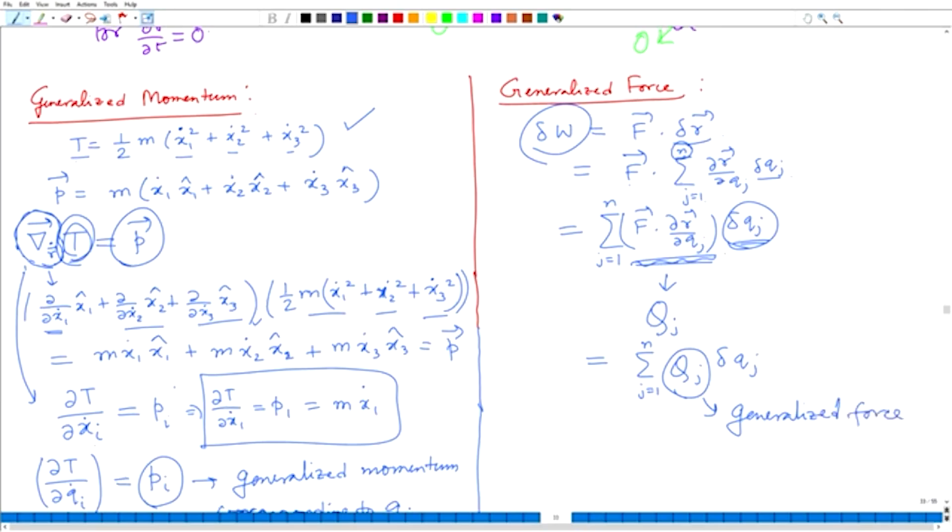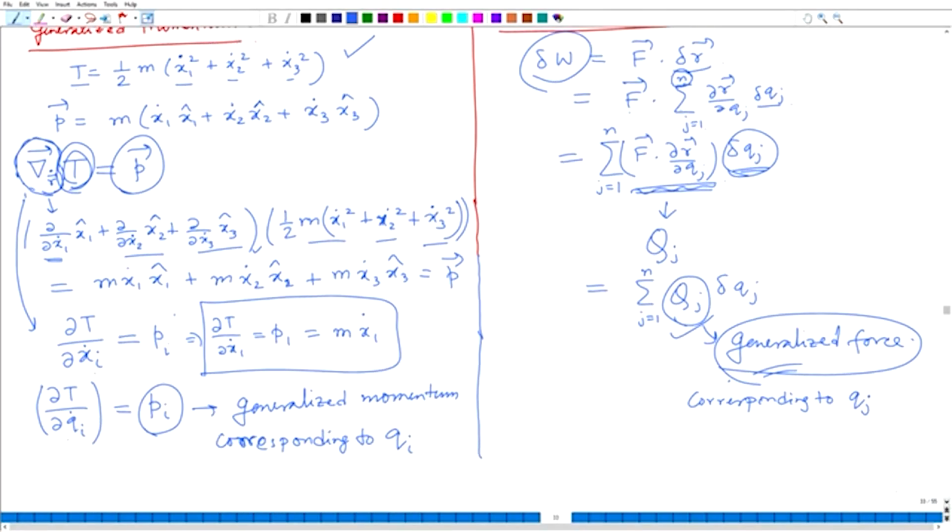While talking about generalized force, we define it corresponding to the generalized coordinate Qj.